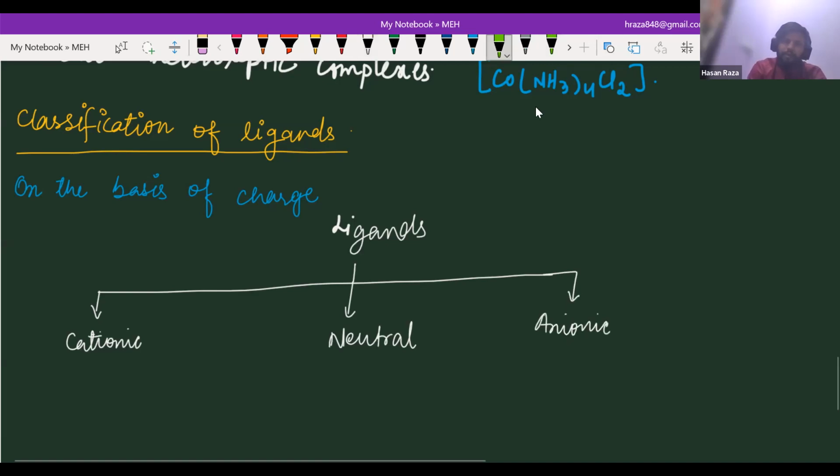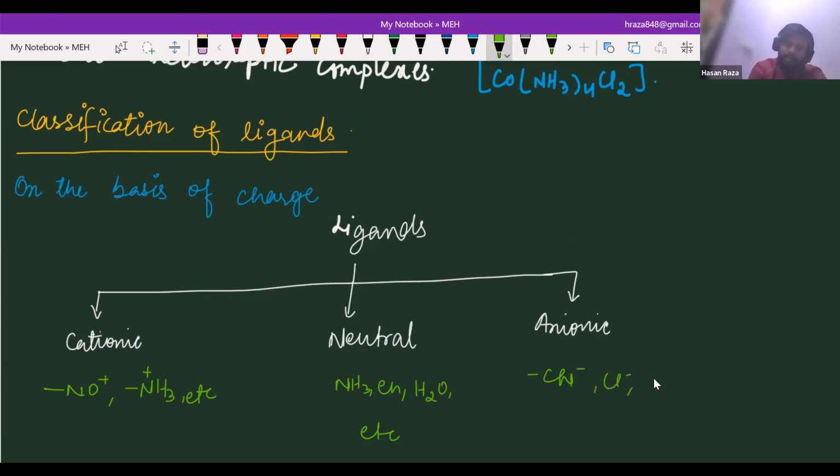So as you can see, cationic means the ligand which has positive charge, like NO plus, like NH3 plus, etc. The ligand which has no charge, neutral, is like NH3, EN, H2O, etc. And the anionic ones are like CN minus, Cl minus, all the X minus basically, then comes C2O4 minus 2, etc. So this is the first classification of ligands on the basis of charge.